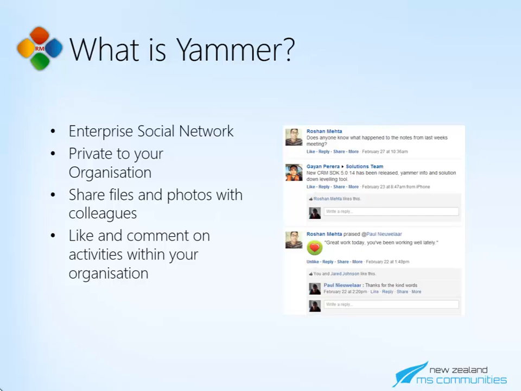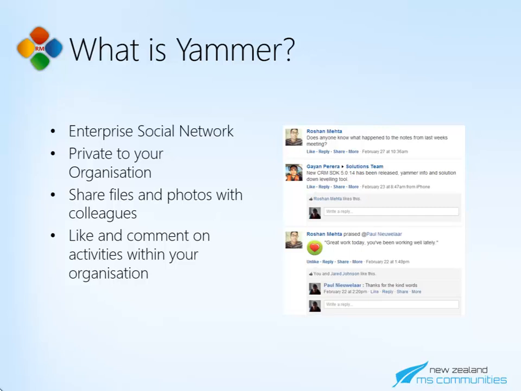If you post an update or share some files or pictures, other colleagues within your organization can see those and comment on those, and you can communicate more easily with your colleagues, so you don't have to send them an email or do a group email. You can just start a conversation on Yammer, and then your other colleagues can see that and collaborate on that.